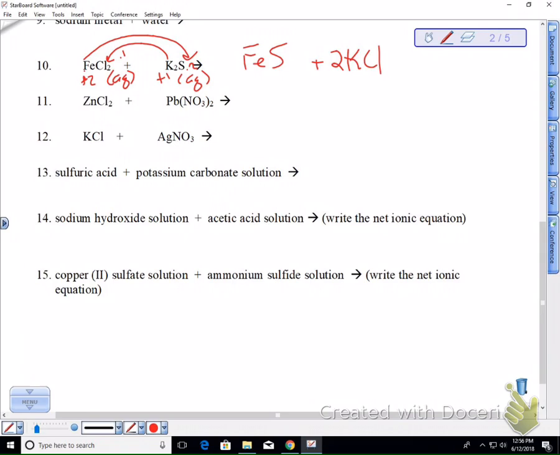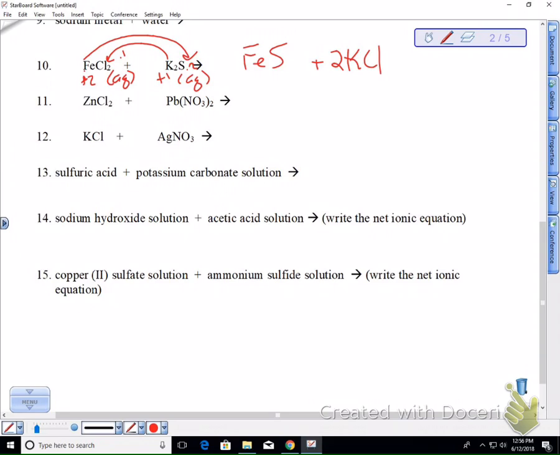Now let's talk about states of matter, because here we're looking for the driving force. If this reaction really is good, I need a precipitate, I need gas, I need a weak electrolyte such as water. Both of these compounds are ionic, so we don't really have a chance of a gas here. So we really are only looking at solubility. This is a precipitate or nothing.